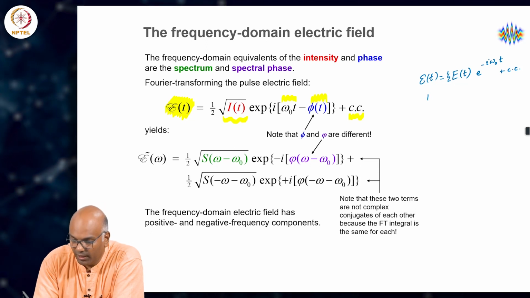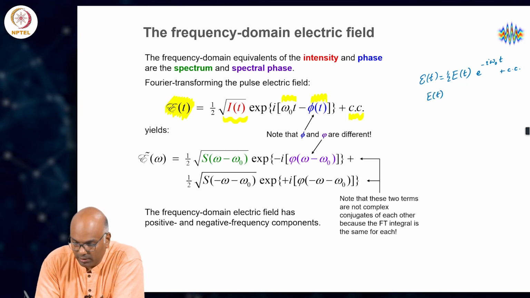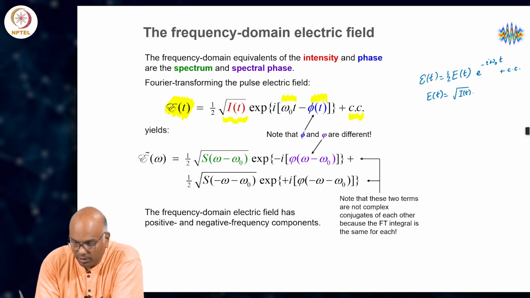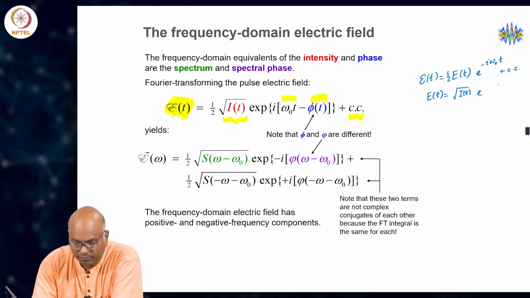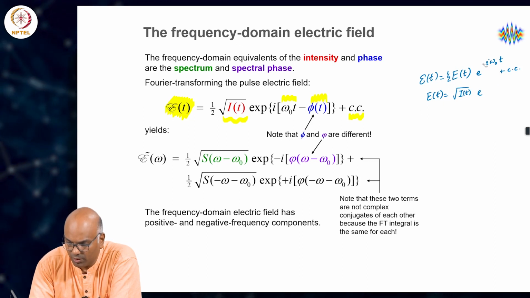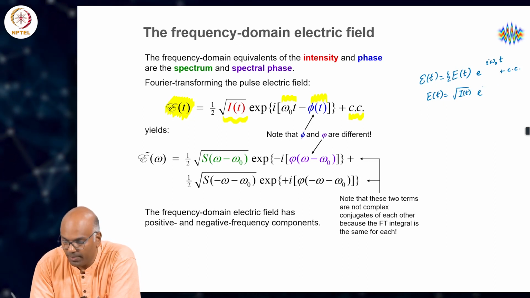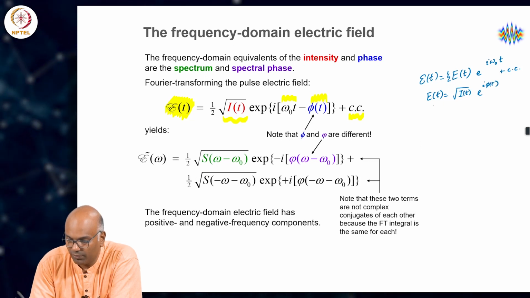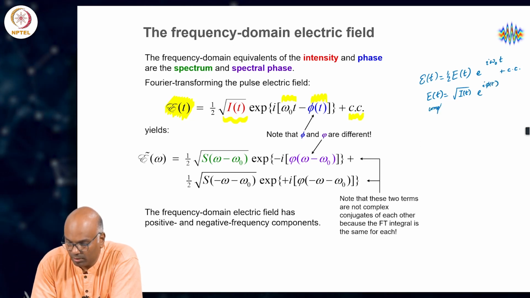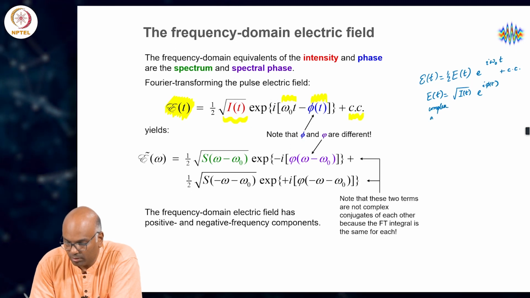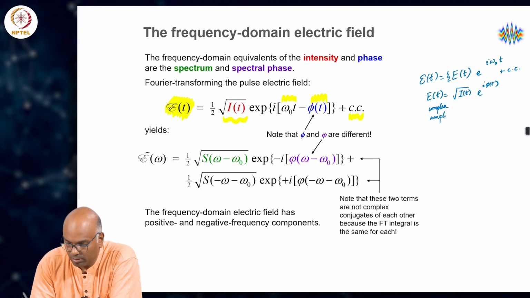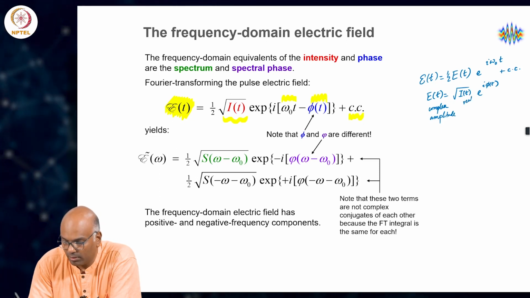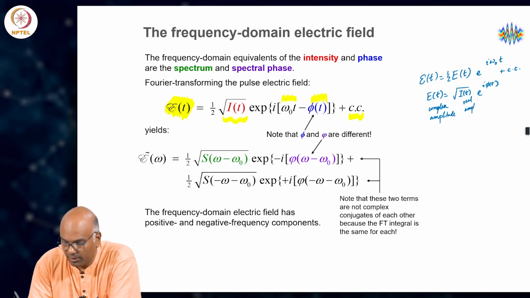Now, we also had E of t to be square root of I of t exponent, sorry, there should be no minus sign over here, exponent i phi of t. This is the complex amplitude and this is the real amplitude.